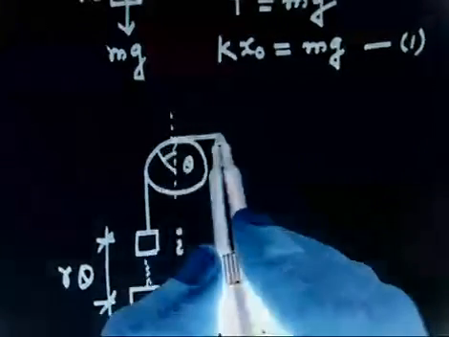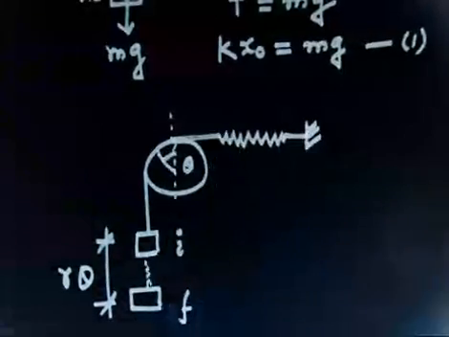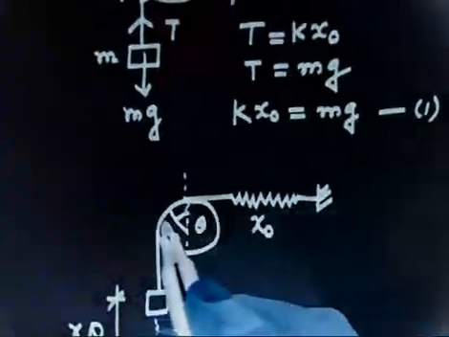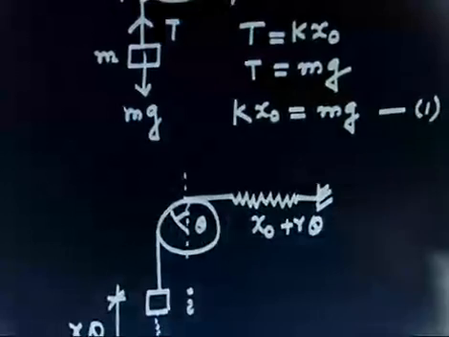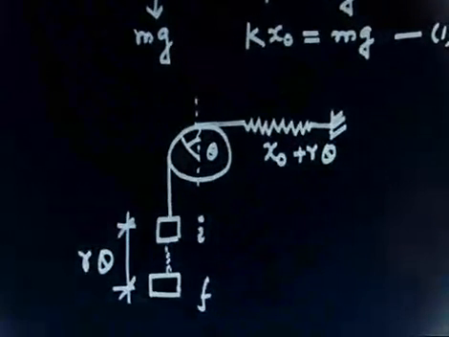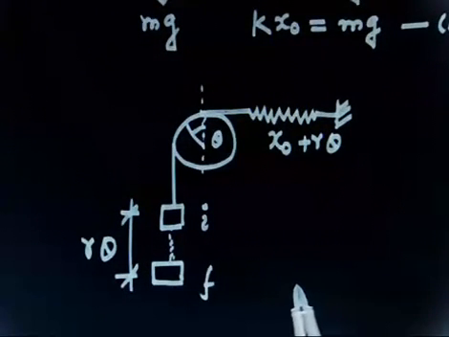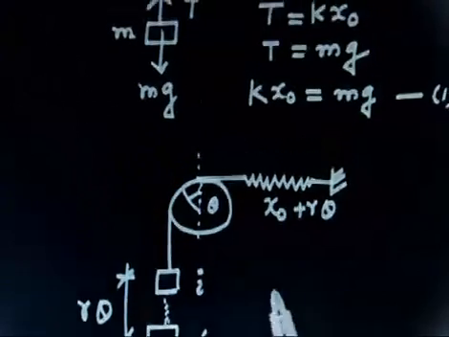Similarly, this spring will be further elongated. Initially it was elongated by distance x naught. Now this has moved by r theta, so this spring has also moved in this direction by r into theta. Are you getting? Now what are the forces acting if I write the equation of motion? The tension on both sides will not be the same.